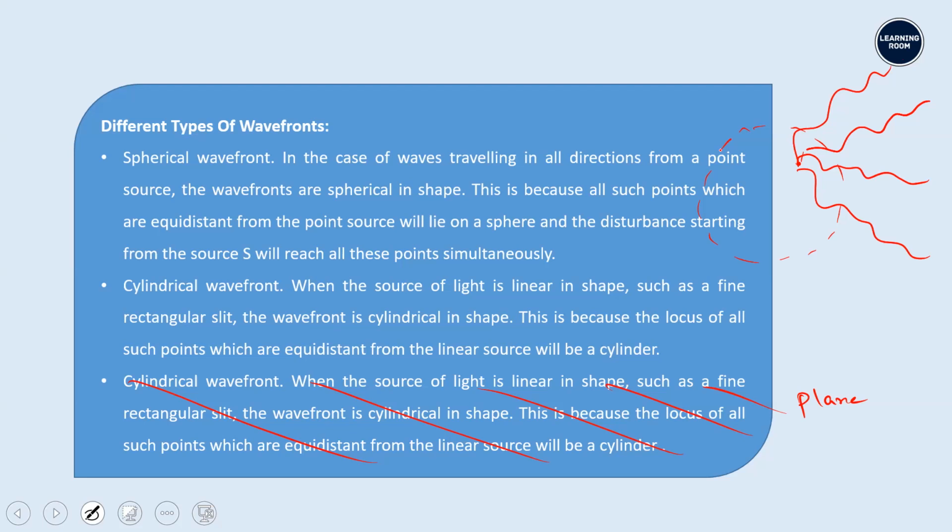Is it clear? This is what we call a spherical wavefront. I hope you are writing it. Going forward, I'll write wavefront as W.